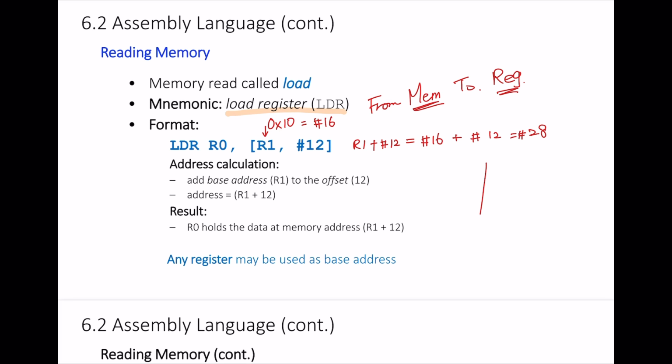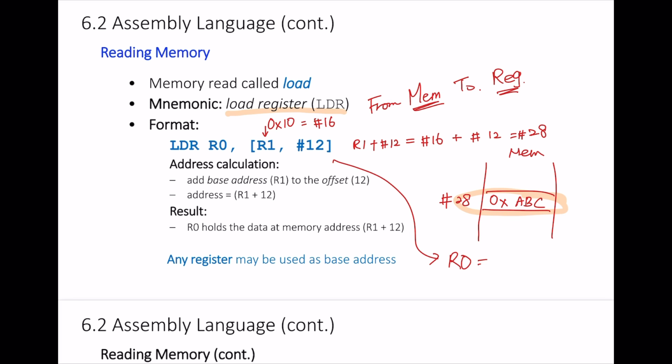So we need to go into memory, and just use the decimal number, memory location 28. Let's say we have 0xABC. Then read this content of the memory and bring it to where? R0. So after this, we're going to have R0 equals 0xABC.